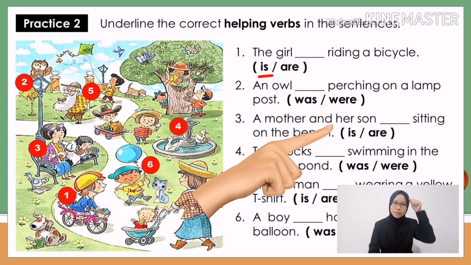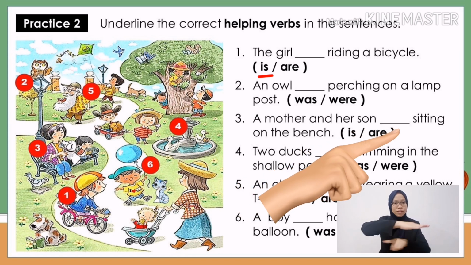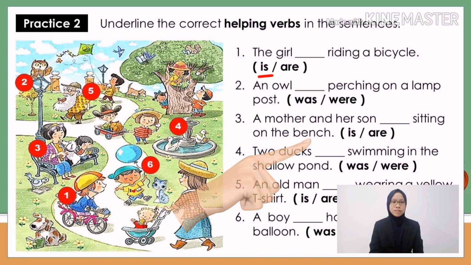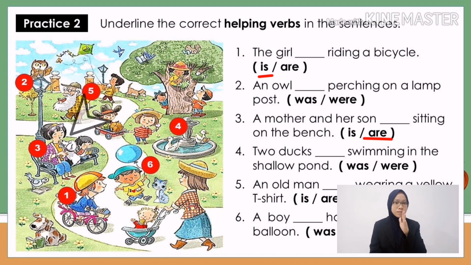A mother and her son blank sitting on the bench. The answer should be are, because a mother and a son is a plural subject. With the 2 questions discussed, I hope you are clear with the use of helping verbs.